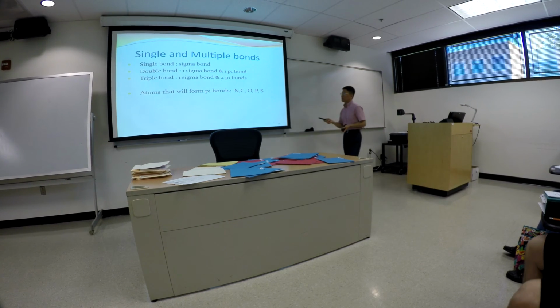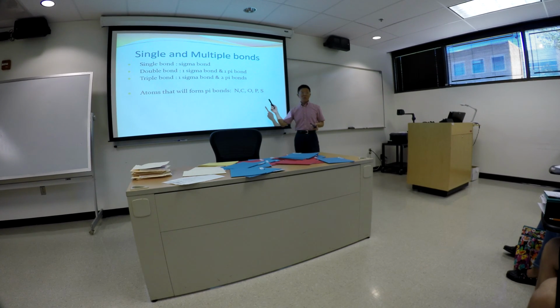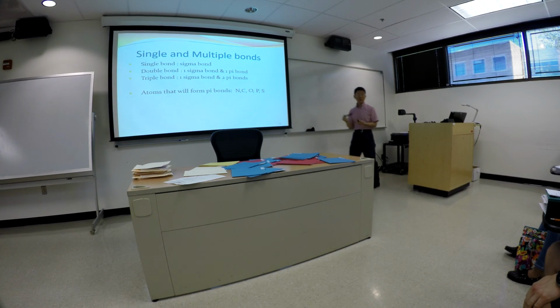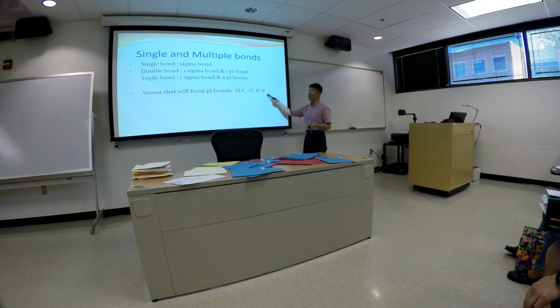Now the importance here is that most of the atoms that are capable of forming multiple bonds are nitrogen, carbon, oxygen, phosphorus, sulfur. Those happen to be the atoms that are important in biological processes.